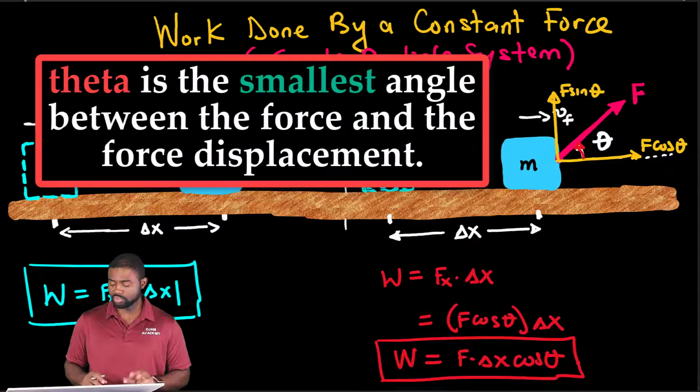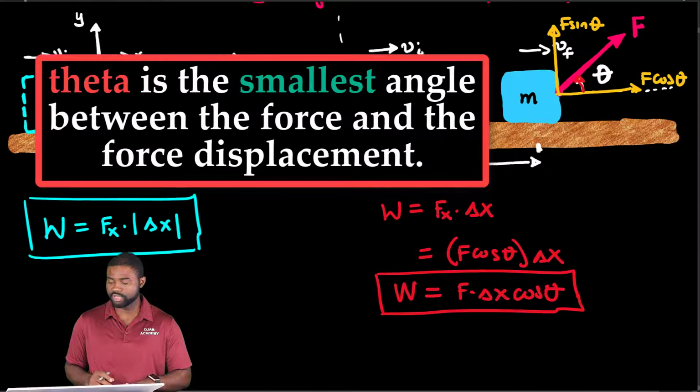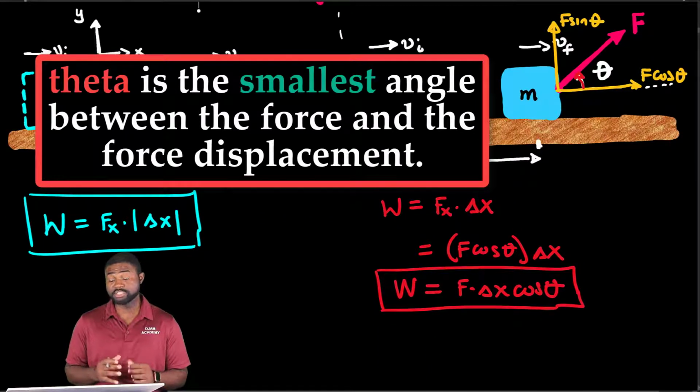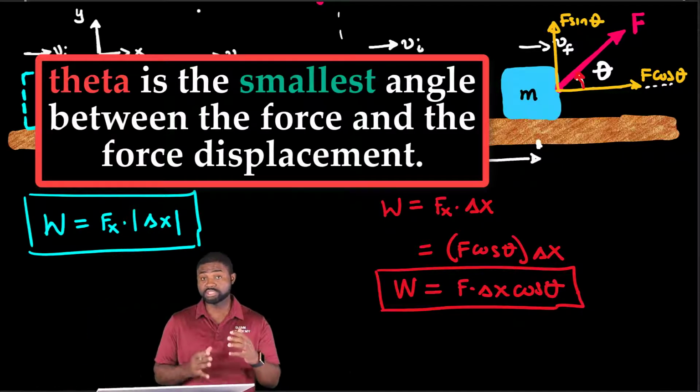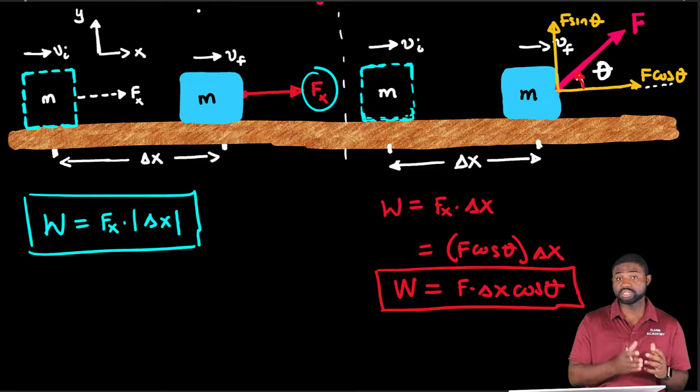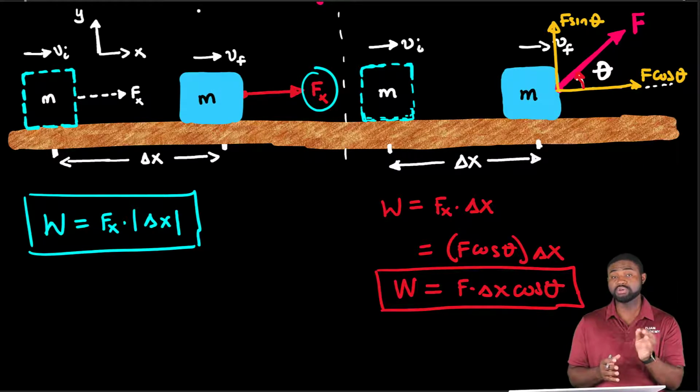So the next important question is, what is the SI unit for work? Remember, the definition of work is the mechanical transfer of energy when a force moves its point of application along its line of action. In other words, the unit of work is simply the unit of energy.